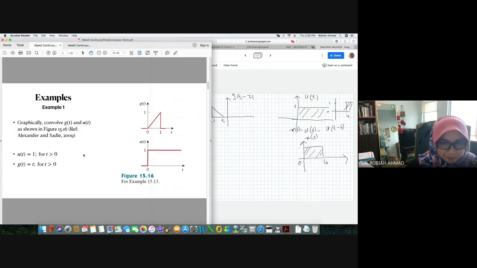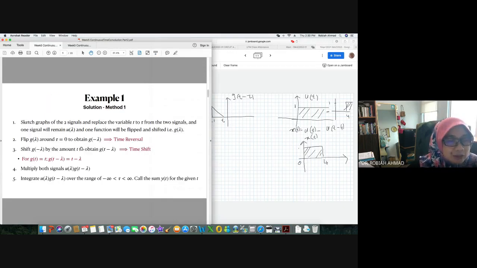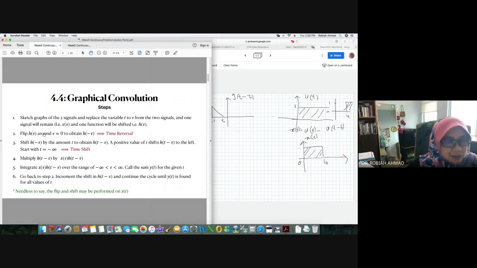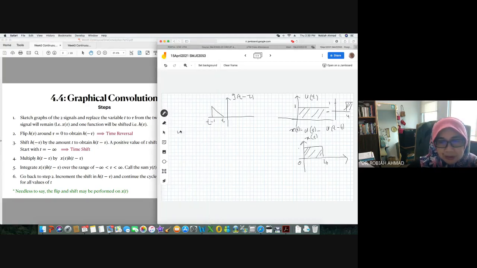Okay, and then when we want to convolve, all these steps we have done: we changed, we flipped, and now we want to do the convolution. So y(t) now will be the integral of u(tau) g(t minus tau).